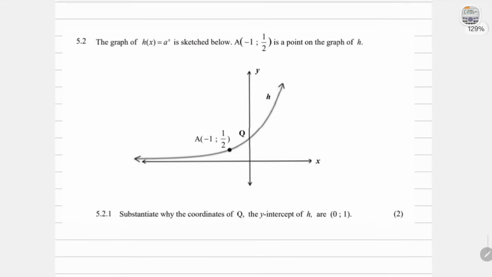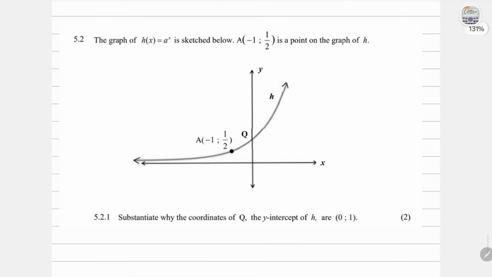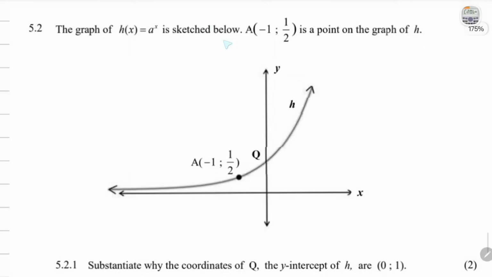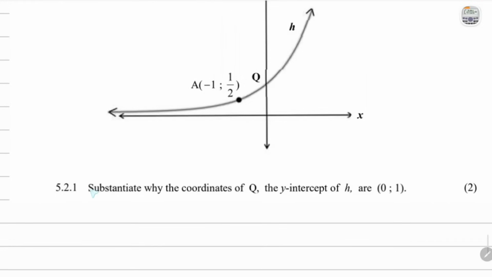Question 5.2 says, the graph of h of x is equal to a to the power of x is sketched below. And then a, negative 1.5, is a point on the graph of h, as we can see there. And 5.2.1 says, substantiate why the coordinates of Q, the y-intercept of h, are 0 and 1.